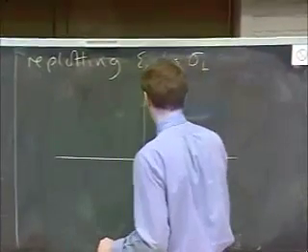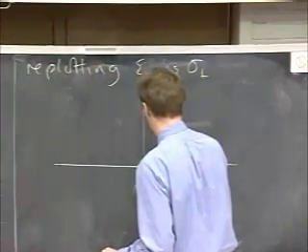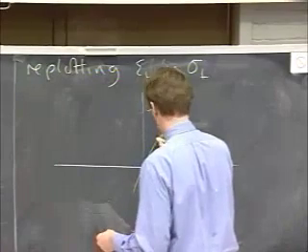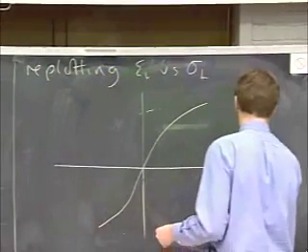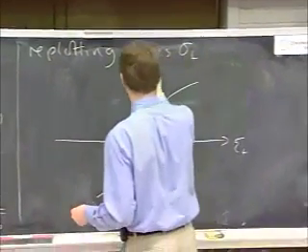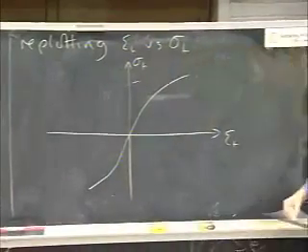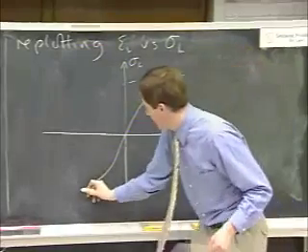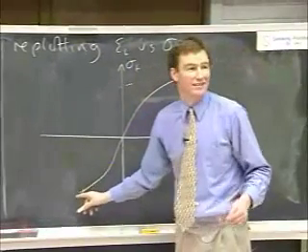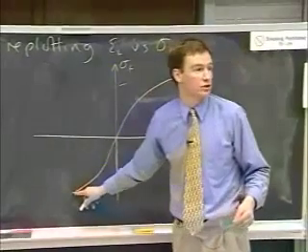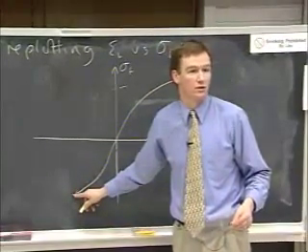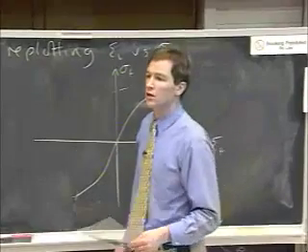And what's happening here is that we're just continuing to increase the force, continuing to increase the area, but we're not increasing the stress and we're not increasing the strain. Any questions?